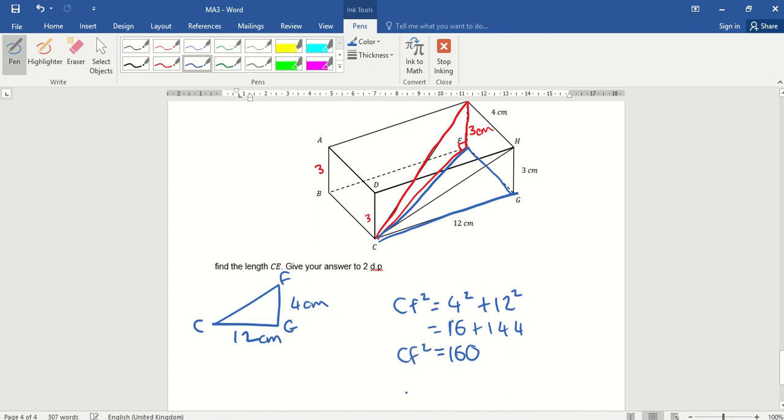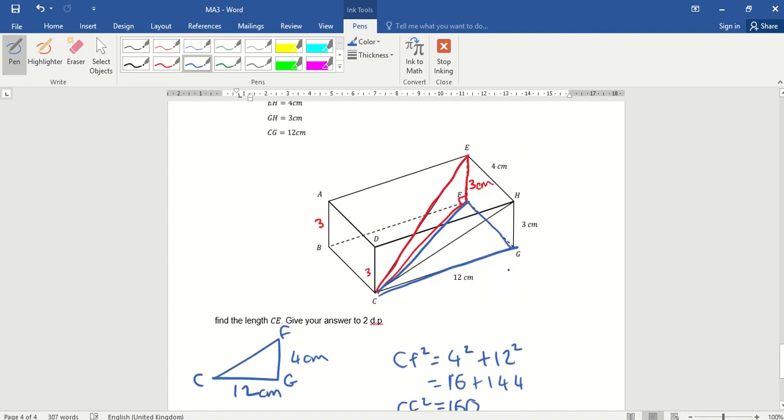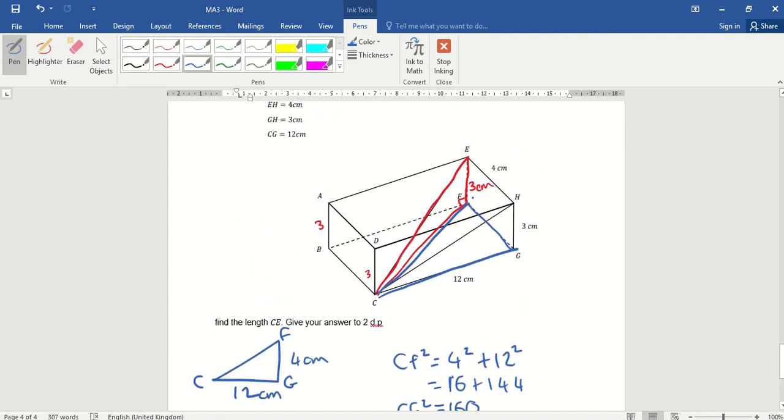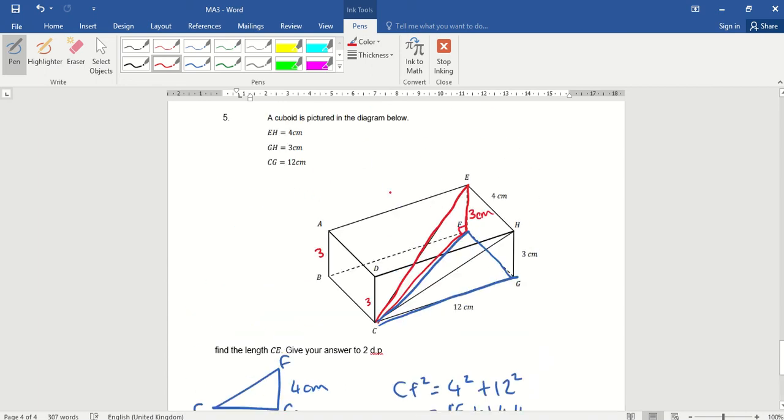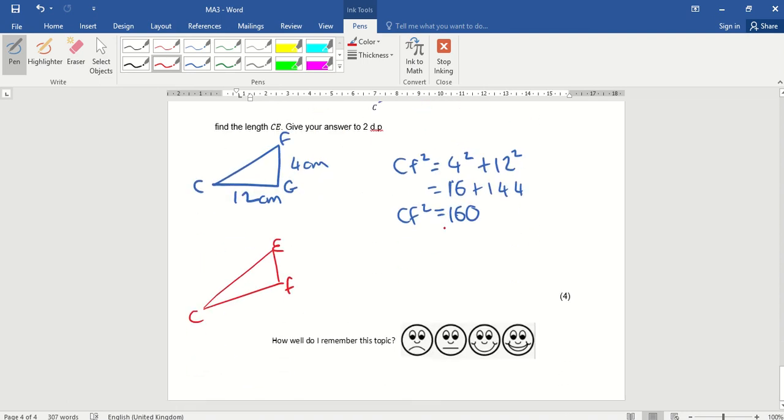Now, in fact, I'm going to leave it as CF squared, because if we now think about our triangle CEF, I'm going to draw that triangle here. We know already that this length here is 3, and CF squared is 160.